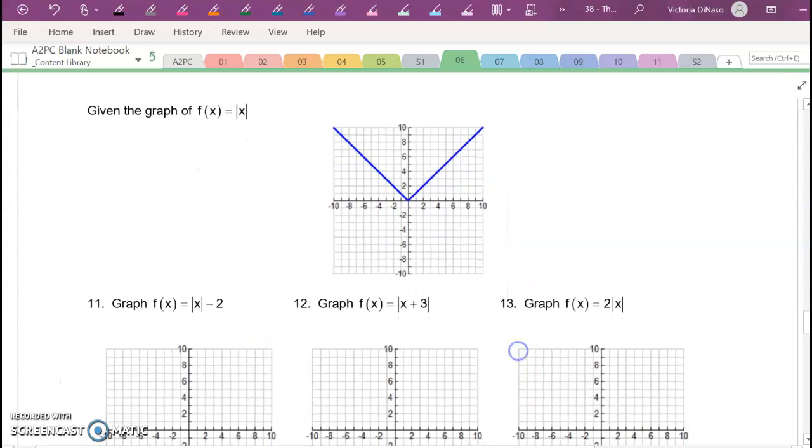So you'll see that we have three different things happening for numbers 11, 12, and 13. So for these next three problems, notice that for my parent function, we're starting at 0, 0, and then we have the same slope on the right. The slope on the right is positive 1 or 1 over 1.